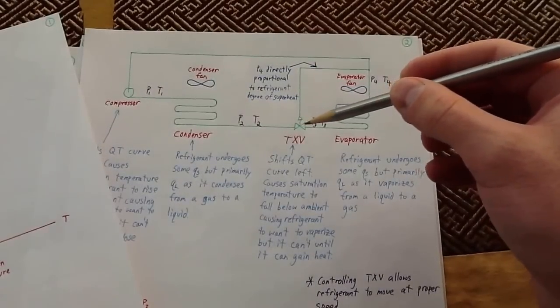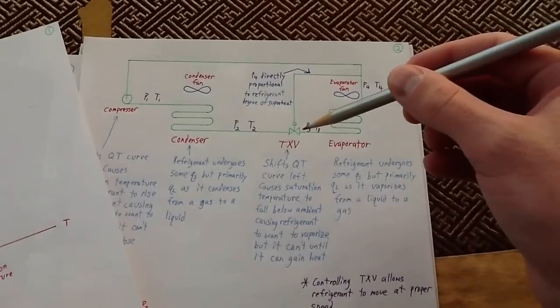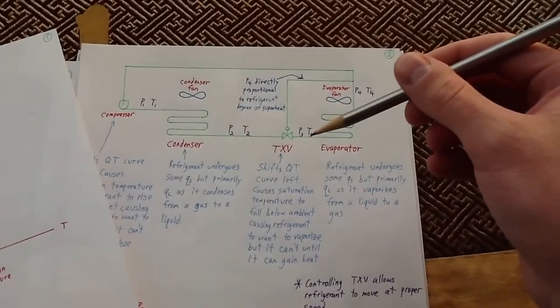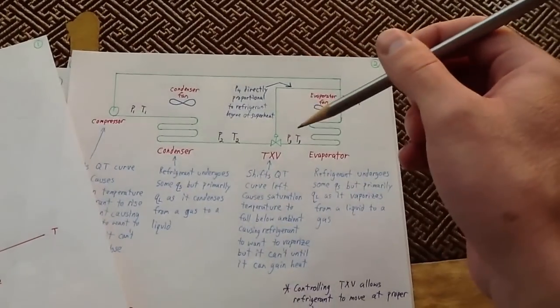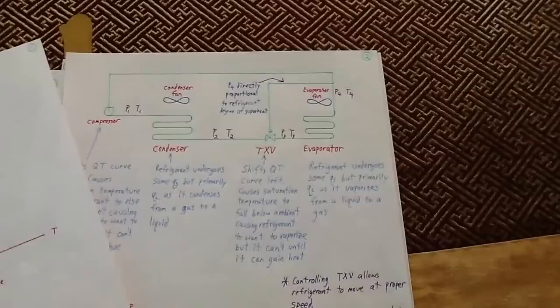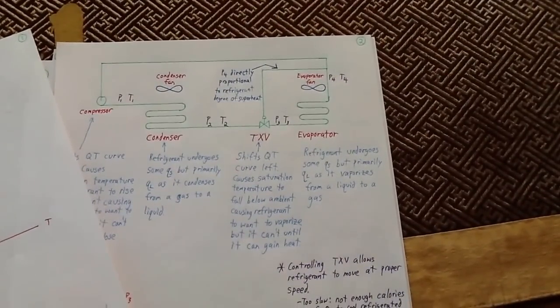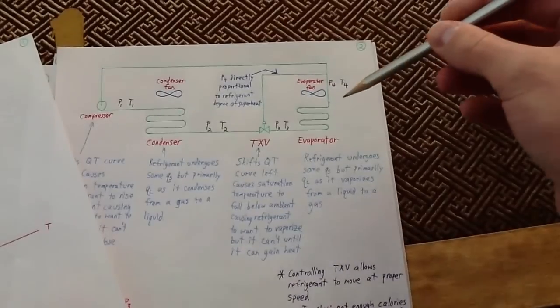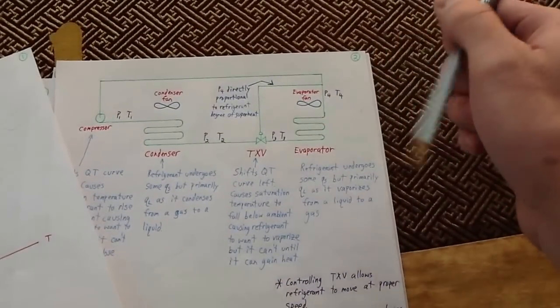Okay, so as it goes through this thermal expansion valve, it's going to significantly decrease the pressure of the refrigerant. However, the temperature of the refrigerant is going to be roughly the same. Now, because you've caused this pressure decrease, it slightly destabilizes the liquid refrigerant, and it wants very, very badly to absorb heat and to evaporate.